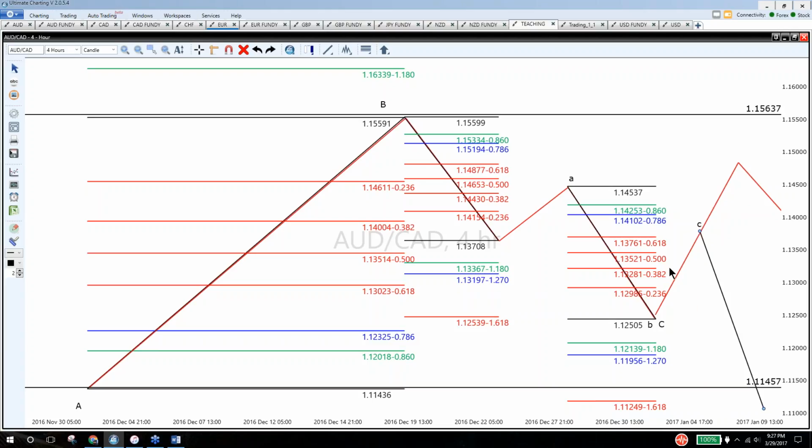The reason why I say that is because when an AB boundary gets taken out, we reverse the Fibonacci's and we start to plot in the opposite direction, right? So if that's the case and the capital AB boundary has just been taken out, I would have to start to plot my ABCDs in the direction of the bears.